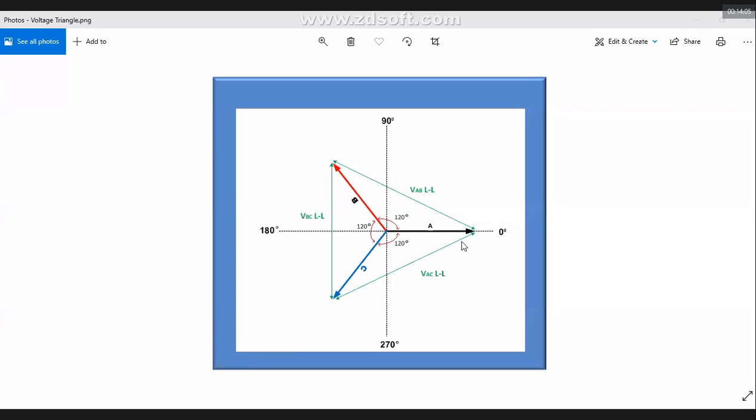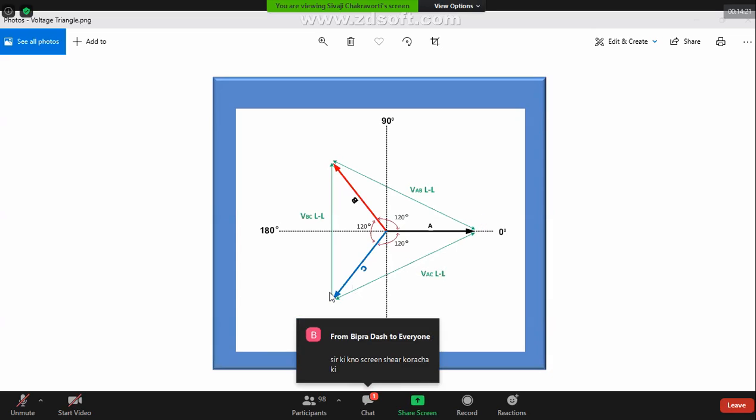So this is another way of representing our three-phase system voltage and currents if they are balanced. And typically, we call it the voltage triangle of a three-phase system. So these green arrows are the voltage triangle.